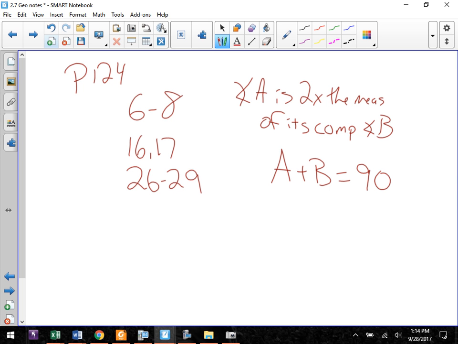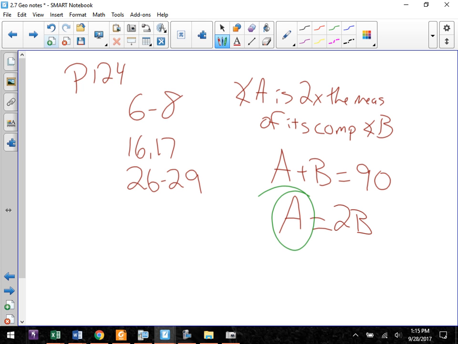What does the word is mean in math? Equals, good. So that means angle A is twice the measure of angle B. You guys remember a little bit of a thing called systems of equations? Algebra 1? This is what we call a substitution step.